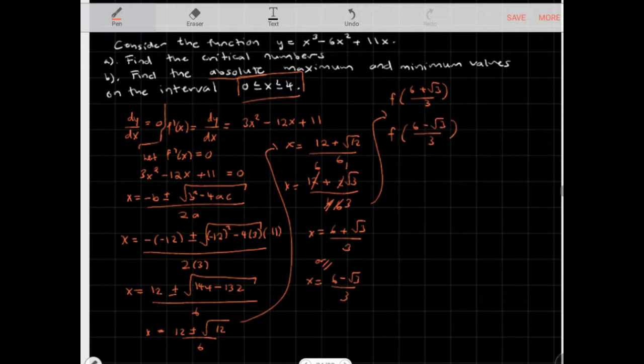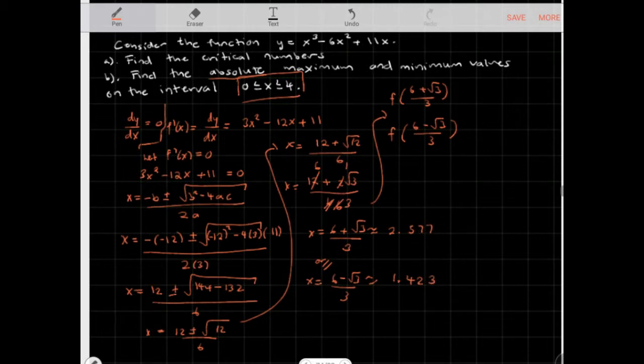Now because we want to keep exact values, we can understand that 6 plus square root 3 divided by 3 is approximately 2.577, and 6 minus square root 3 divided by 3 is approximately 1.423, right? So you can notice that I had to round these off.